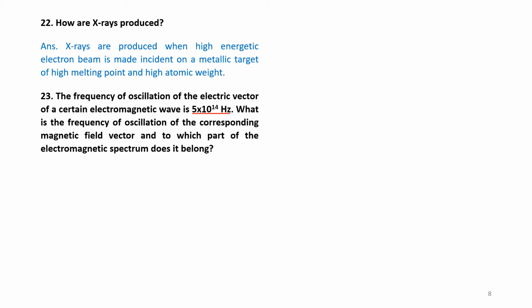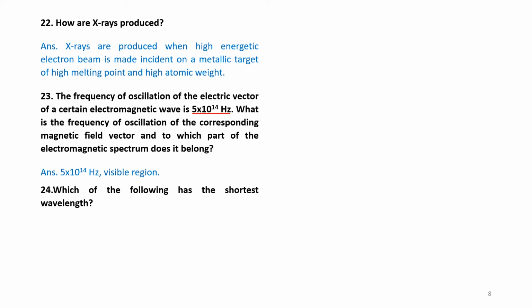So, he has given the frequency of oscillation and he is asking what is the frequency of the magnetic vector and which part of the electromagnetic spectrum does it belong. The frequency of electric and magnetic wave is same. So, magnetic wave also is 5 into 10 to the power of 14 Hertz. This is in the visible range or light wave.